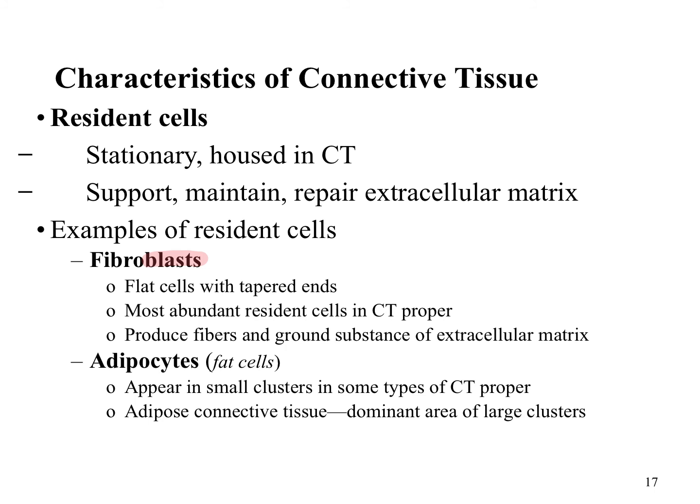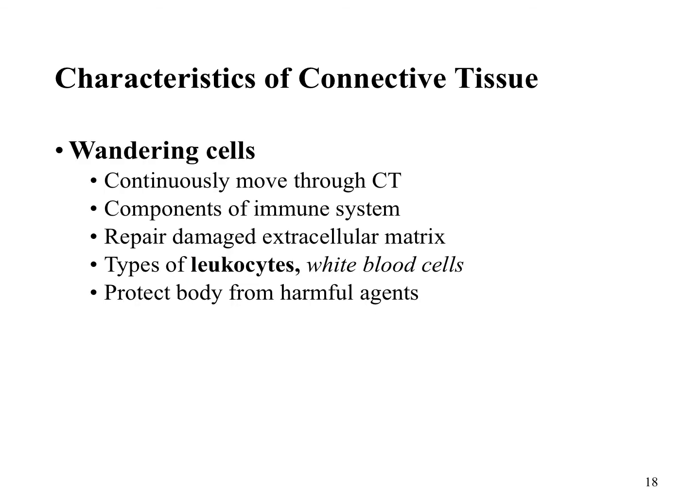Usually they're flat, with tapered ends. Adipocytes, fat cells, don't move around, thankfully, either. They provide cushion and protection where they're meant to be. They cluster together and have a limited amount of extracellular matrix, but are clustered together as a whole tissue.